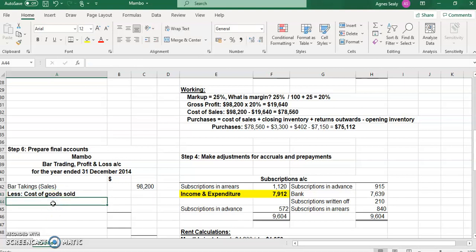How do I get that figure? I take my opening inventory or my opening bar stock or bar supplies, that they would have given us in the question here.